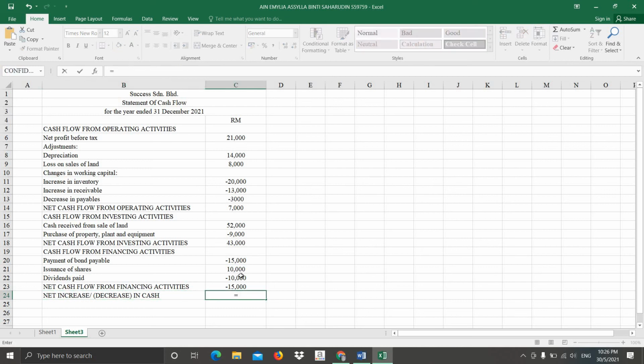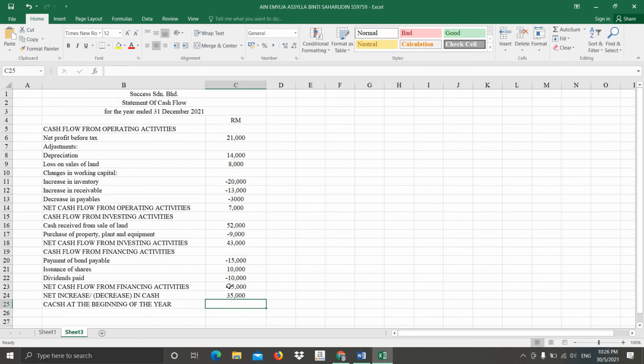You can get this figure from the net cash flow in operating activity with net cash flow in investing activities and net cash flow in financing activities. Next, we add with cash at the beginning of the year.